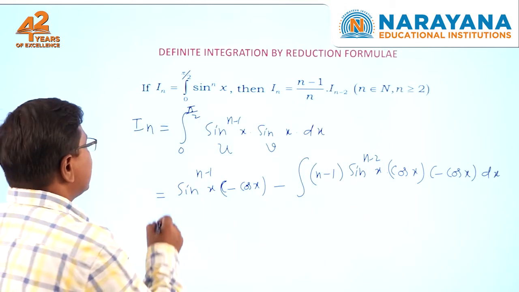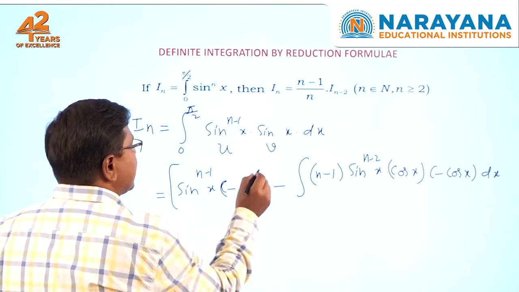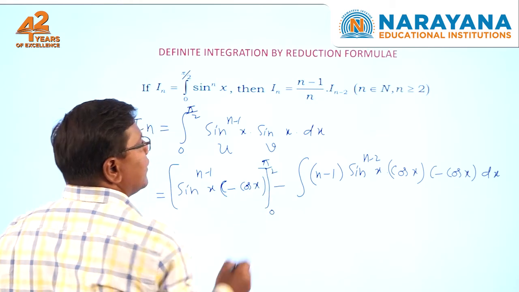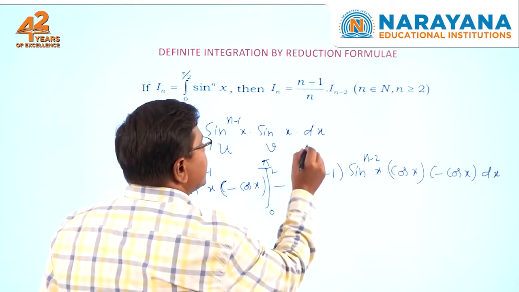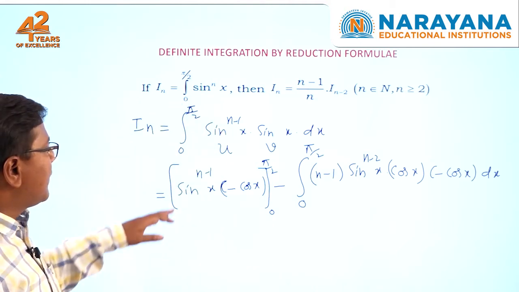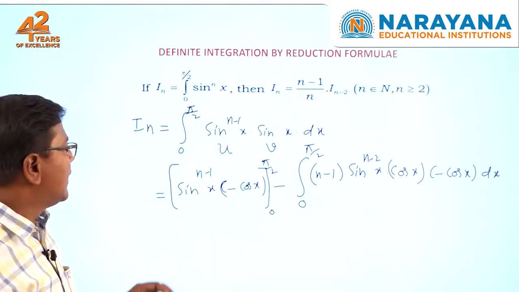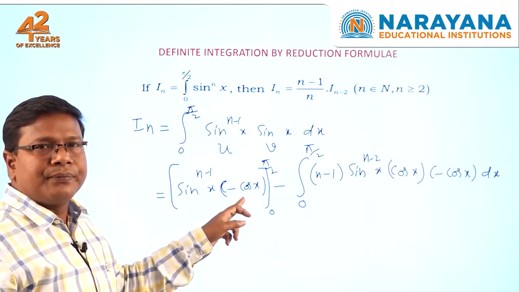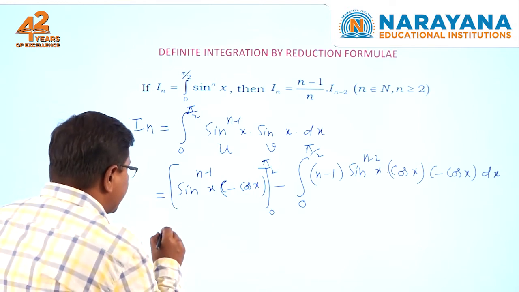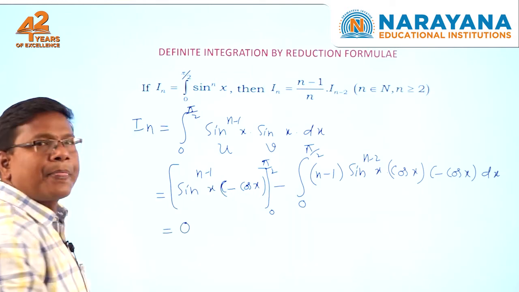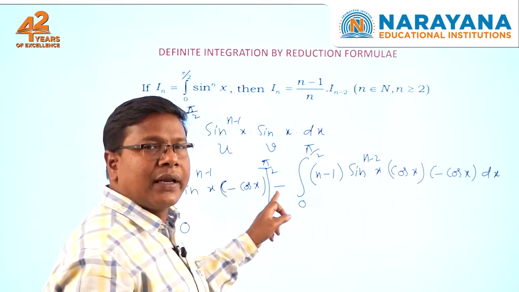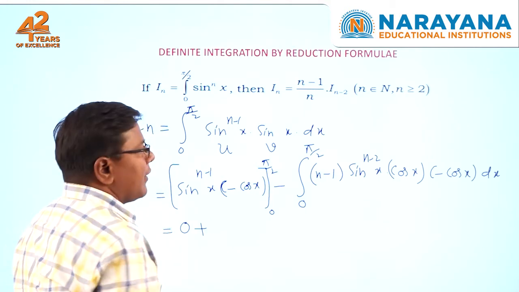The limits are 0 to pi by 2 for each. We apply the limits: cos pi by 2 is 0 and sin 0 is 0, therefore this term becomes 0.